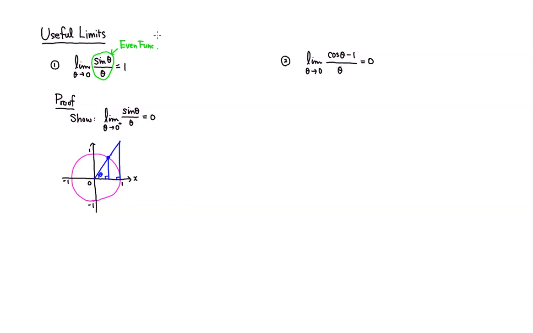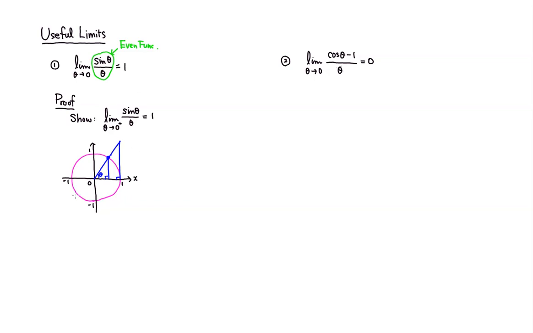So you have exactly the same thing going on, a mirror image on the right-hand side and the left-hand side of the y-axis. So it suffices to show that the right-hand limit is equal to 1. If the right-hand limit is equal to 1, the left-hand limit is automatically the same because there's a mirror image on the other side. So let's try to show that.